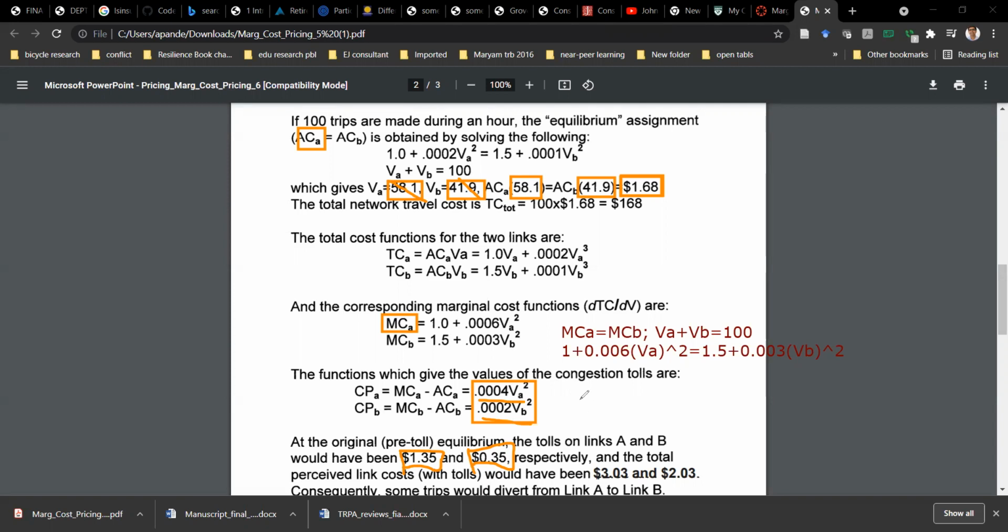So if you did 0.004 times 58.1 whole squared.